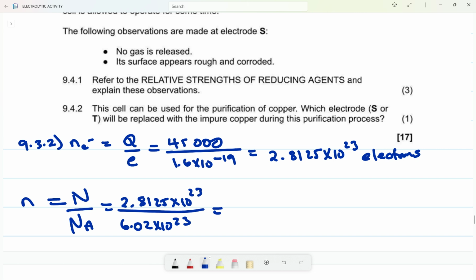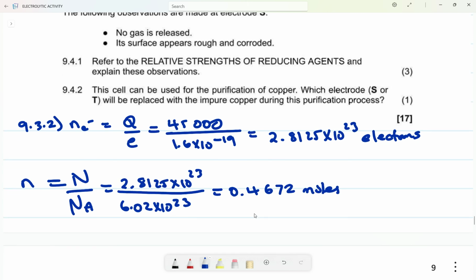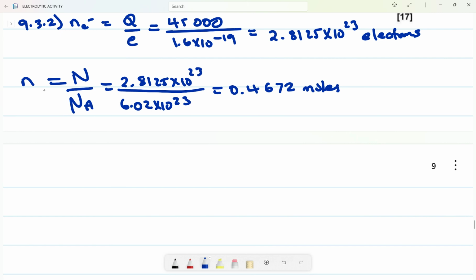Let me quickly punch that on my calculator. 2.8125 times 10 to the power of 23 divided by 6.02 times 10 to the power of 23. It gives me an answer of something like 0.4672 moles. These are now the number of moles of electrons.